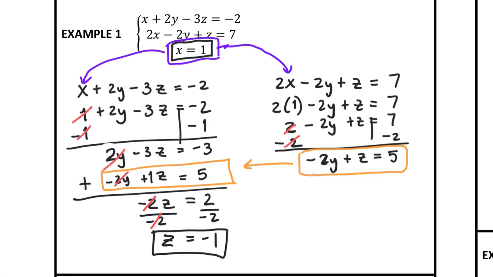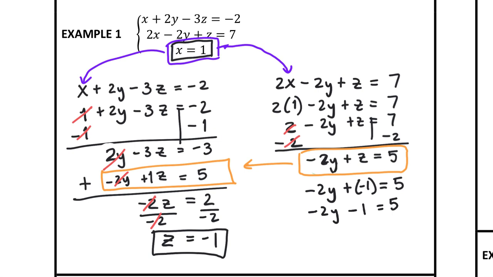So I have negative 2y plus, I'm just copying this, right? Negative 2y plus, I already know what z is. I just found it. Z is negative 1, equals 5. But what happens when I have a positive negative? Can I just write it as a minus? Like this?